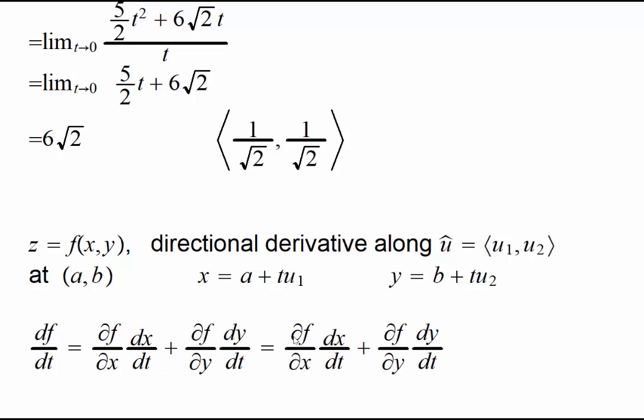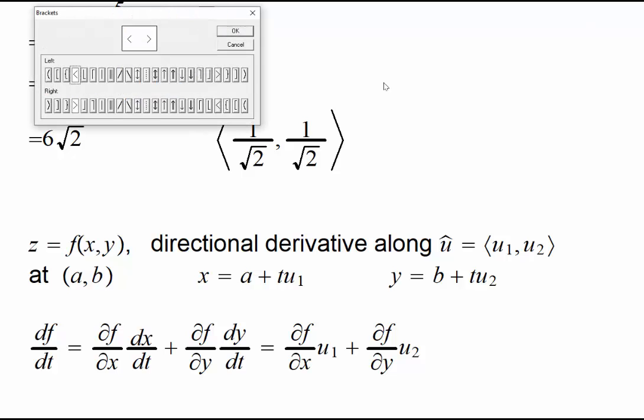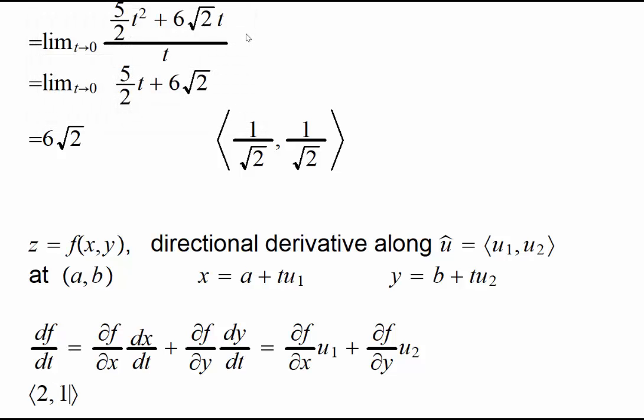So in this case, for example, say we wanted df dt in this direction. What we could have had is this: if you remember, we have 2, 1 as df dx and df dy. Let me write it like this: 2 was df dx, and u1 is 1 over square root of 2.